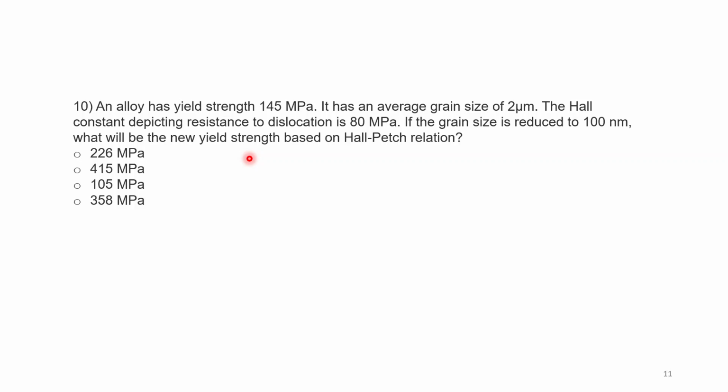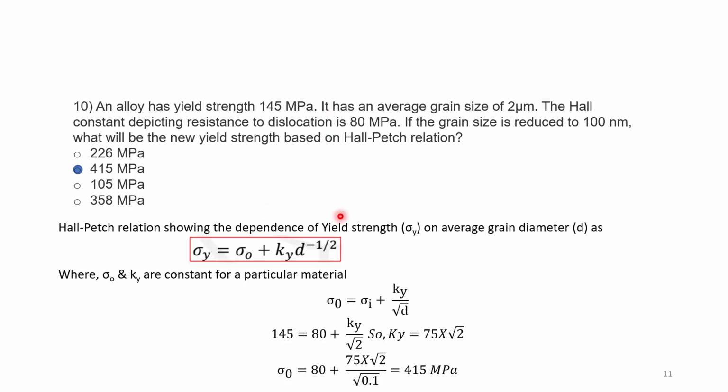So for this you need to use the Hall Petch relation. So Hall Petch relation is given as sigma naught plus k upon under root d. So d will be your average grain size, k will be your coefficient.